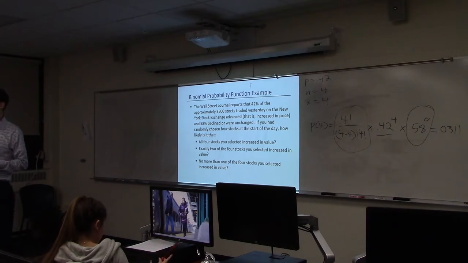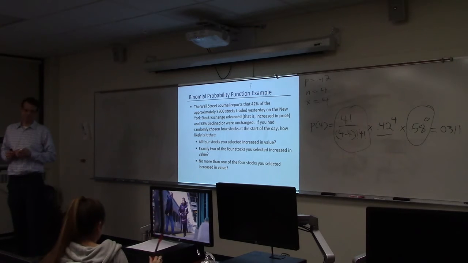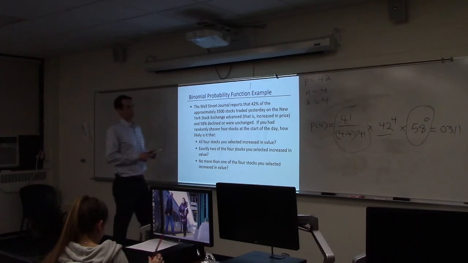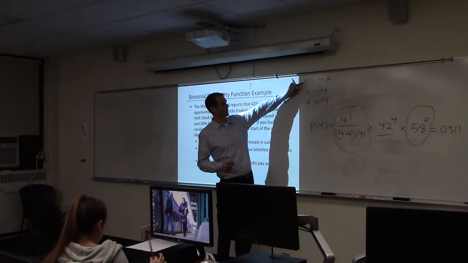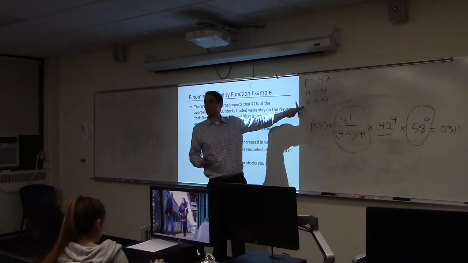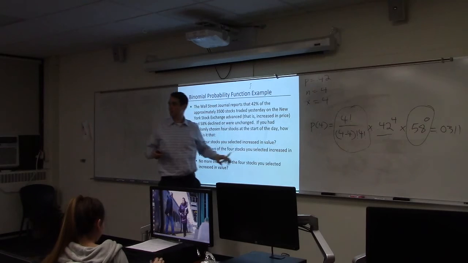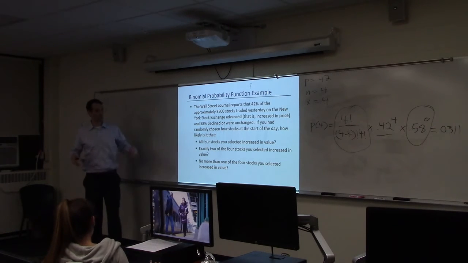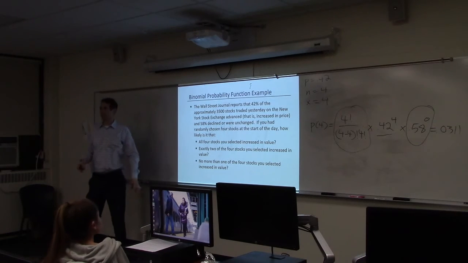How might we set that one up? So n would still be 4, but x would be 2. So it would be the same equation, but with those numbers. Exactly. The probability is still 0.42 each one. N would still be 4, x would be 2. So we would put in 2, and we would crunch those numbers.